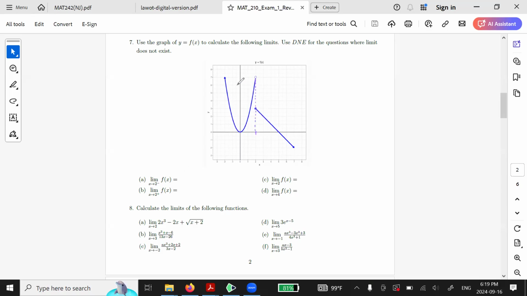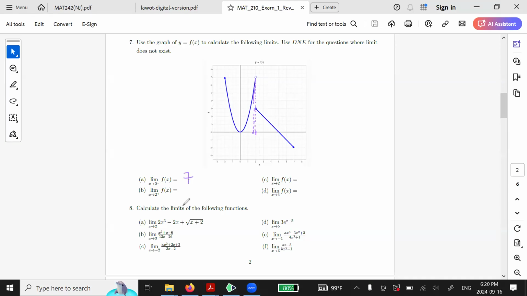I'm going from the left hand side, so go slightly left. Negative sign means going from the left. Go slightly left to 2 and try to see where your function will hit. Where is it hitting? 7. So what is the limit from the left hand side?